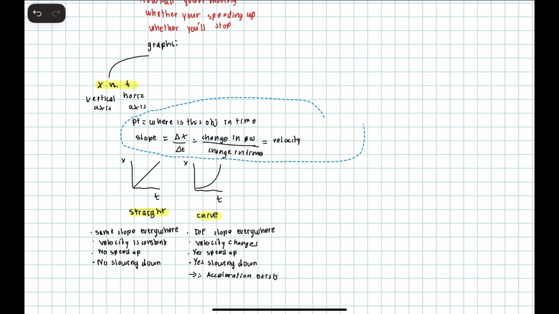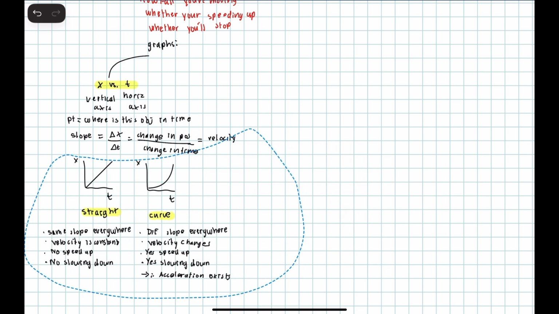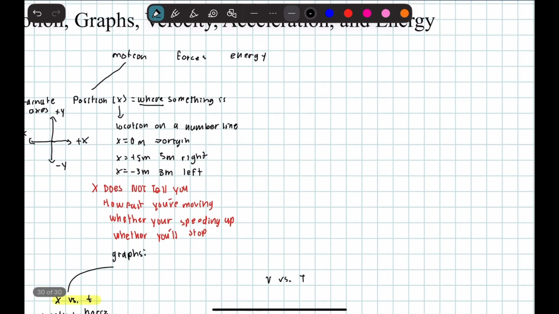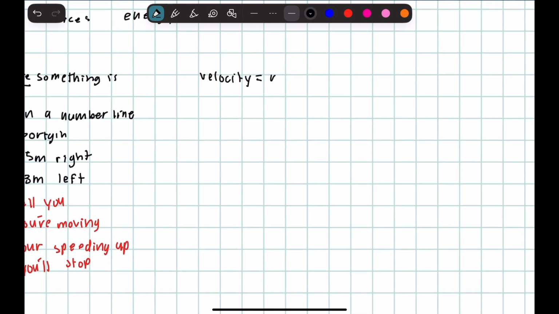Another very important physics concept that you have to know. For velocity versus time, before we break into that, let's talk about what velocity is. Velocity is how fast and which direction.